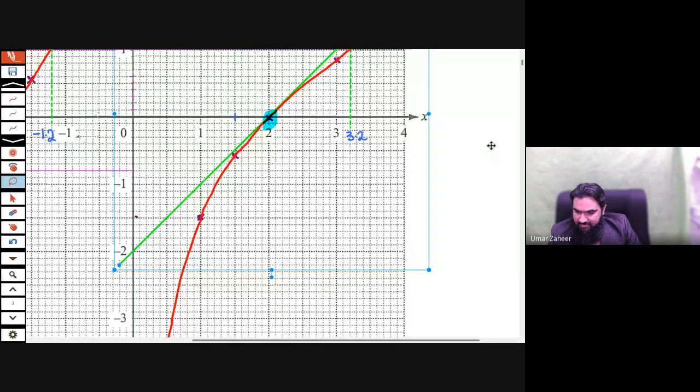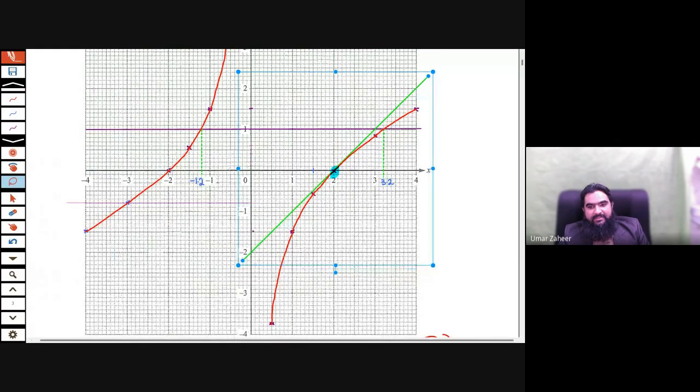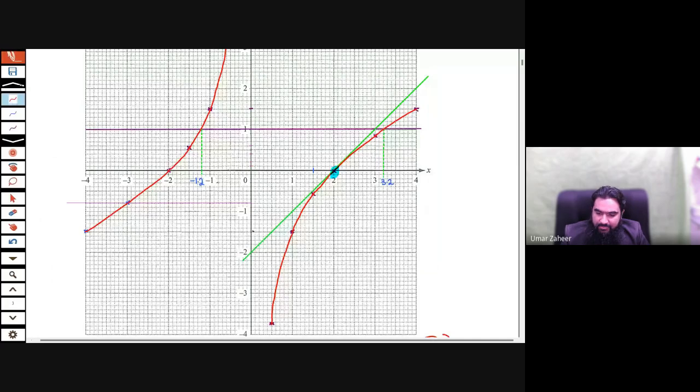From my side, I'll try my best to make the tangent line as good as I can, because the tangent line is a line that touches the graph. Just choose 2 points. I'm going to choose 2 points.